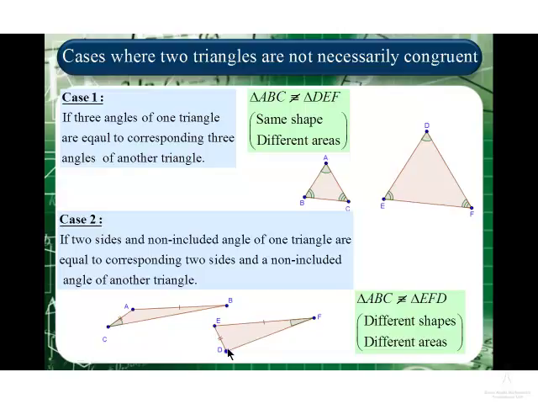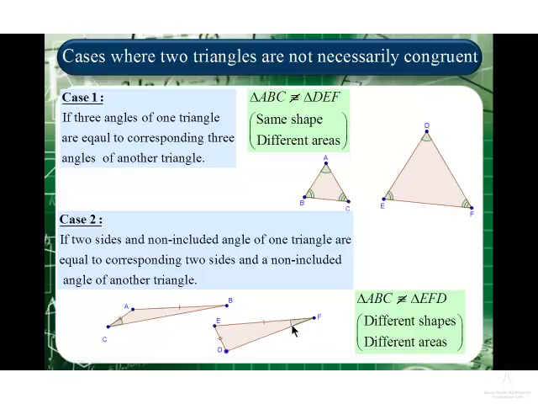In this case, we have two pairs of corresponding equal sides as indicated, but we also have corresponding equal angles which are not included between the sides that are correspondingly equal. So you see these angles are outside, not included by the corresponding equal sides.